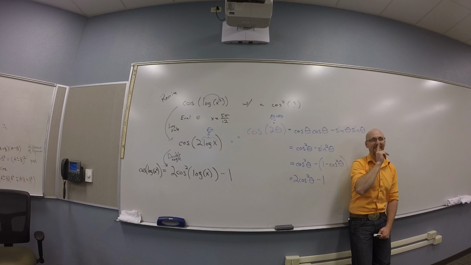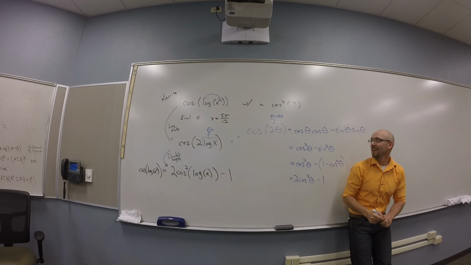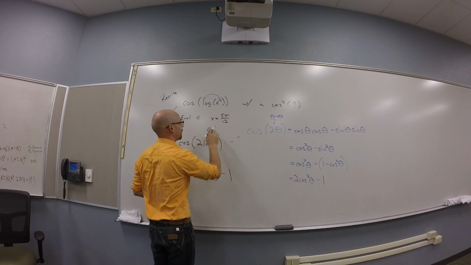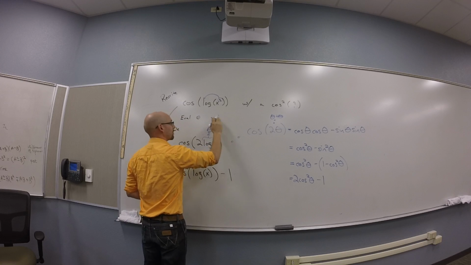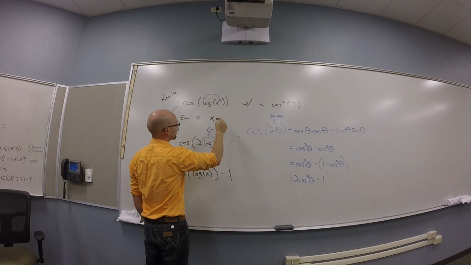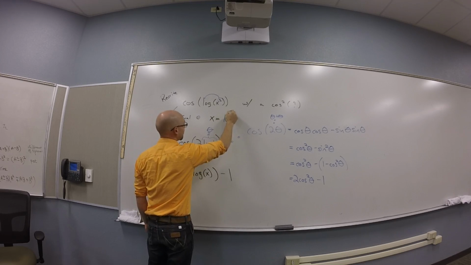I miswrote things. So I think you could modify this into a question that would make sense if you said, instead of evaluate at x is 5 pi over 12, evaluate at x is 10 to the 5 pi over 12 or something.